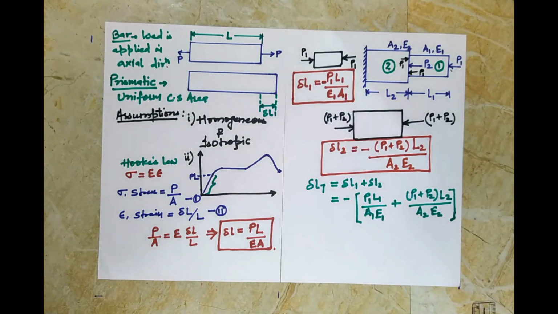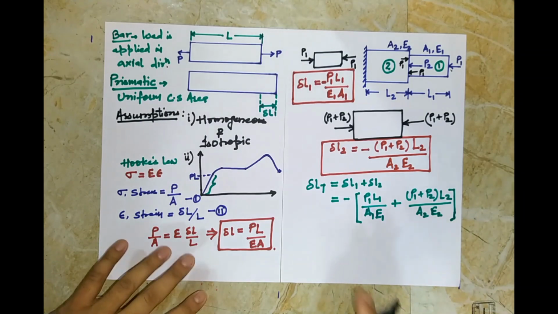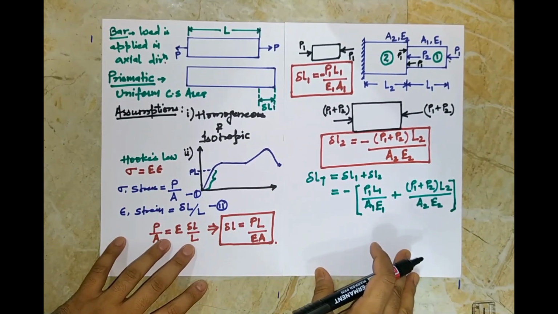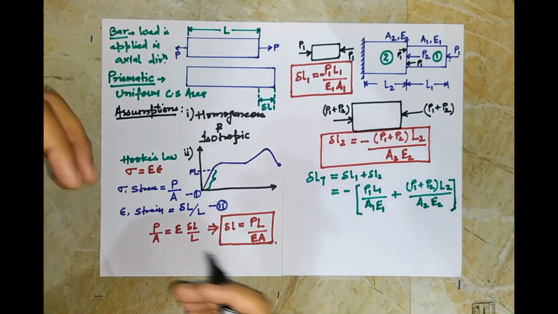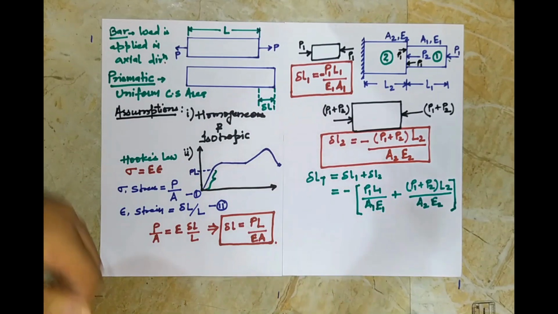Now it's time to generalize. Since it follows a linear addition relationship, it's time to generalize and find out what will be the change in length when complex loading conditions apply on prismatic bars lined in series.